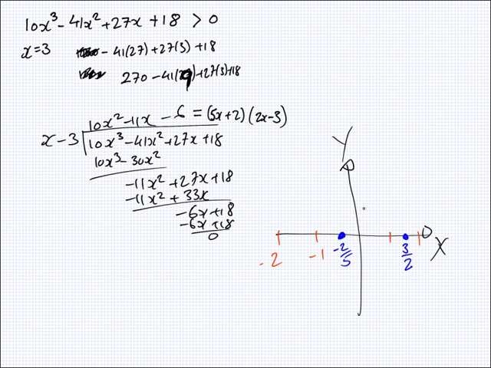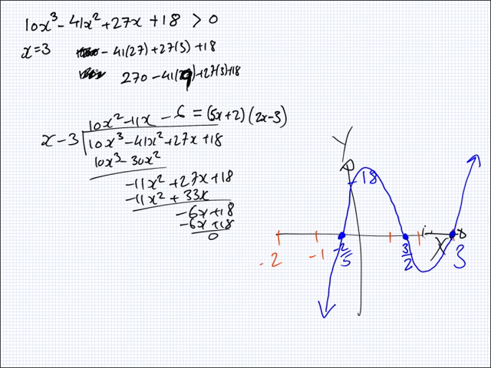And where's the y? 18. One more root, sorry, 3. Oh, rats. Okay. There. Up at 3. Alright, so we're going up, down, up, like that.